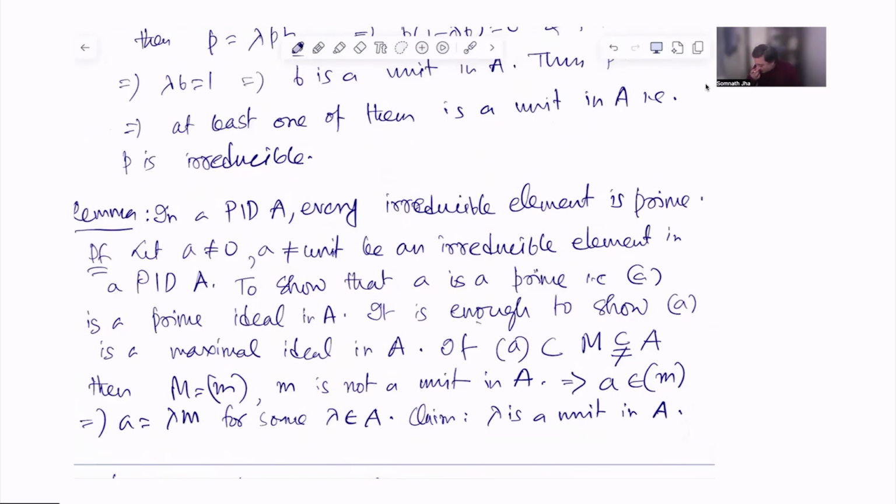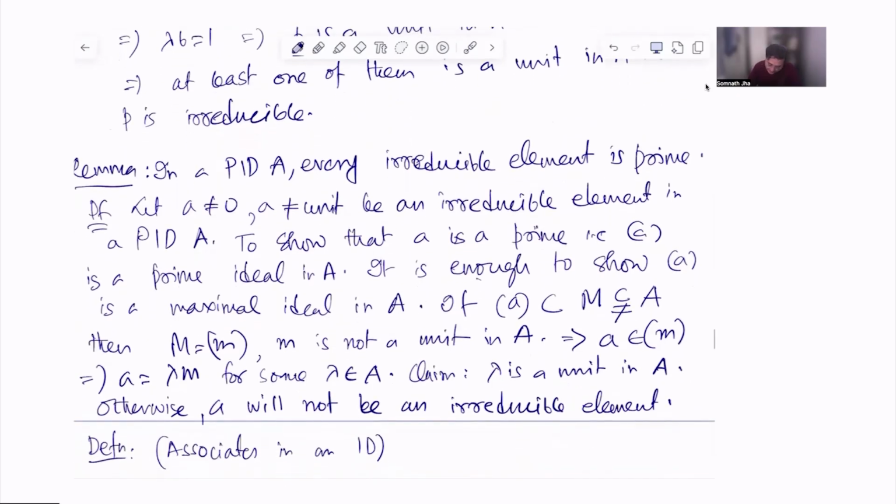So you are able to write it as a product of two elements, none of them units. Otherwise, A will not be irreducible, right? So it will be a contradiction to irreducibility.